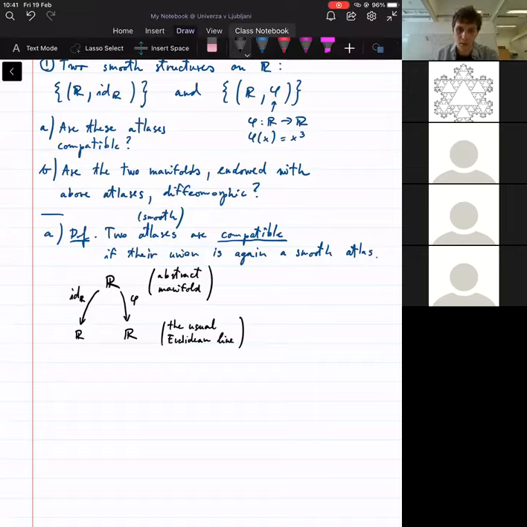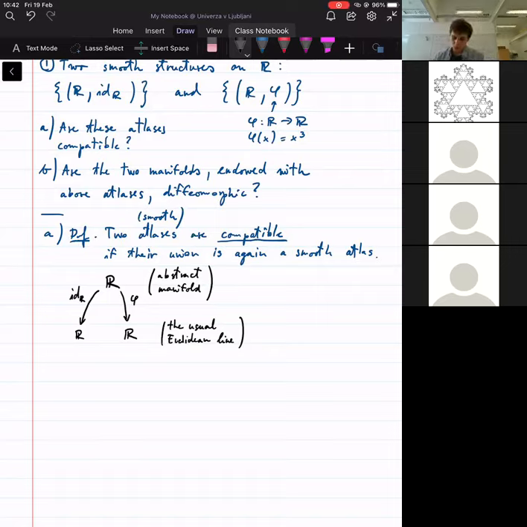So an atlas is a family of maps that are your charts, and then a union of such two sets is again a set, and you have many maps inside these sets, and you have to check for them to be compatible, that the transition maps in question are diffeomorphisms, right?